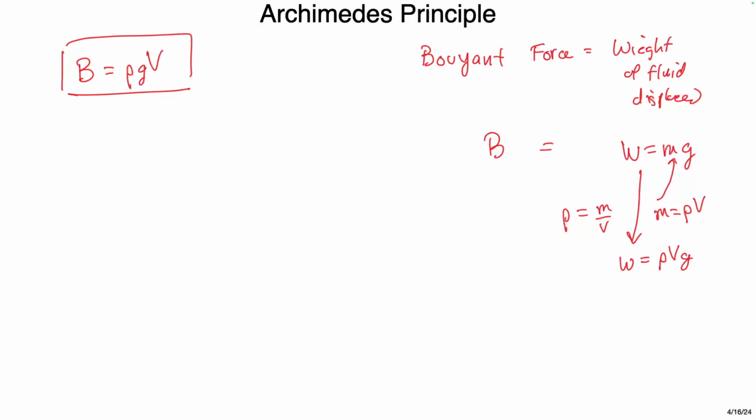So that's why a density times little g times a volume in cubic meters is equal to a Newton. It's a buoyant force, still measured in newtons. All of those units will work together, but critically, the buoyant force depends on the density of the fluid displaced. That word means pushed out of the way.